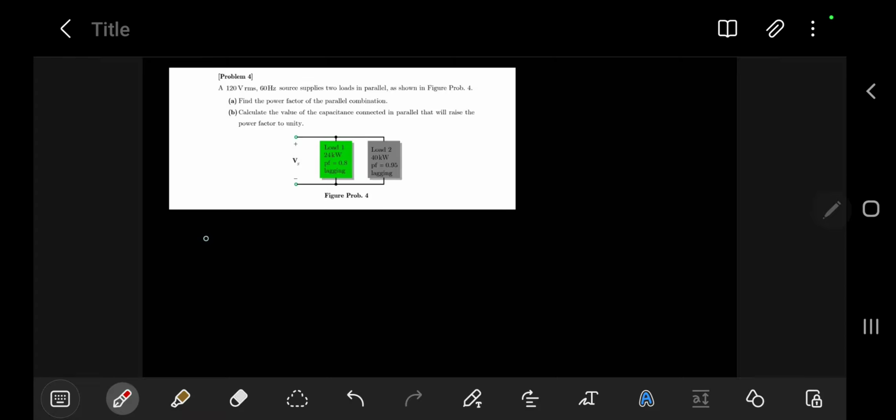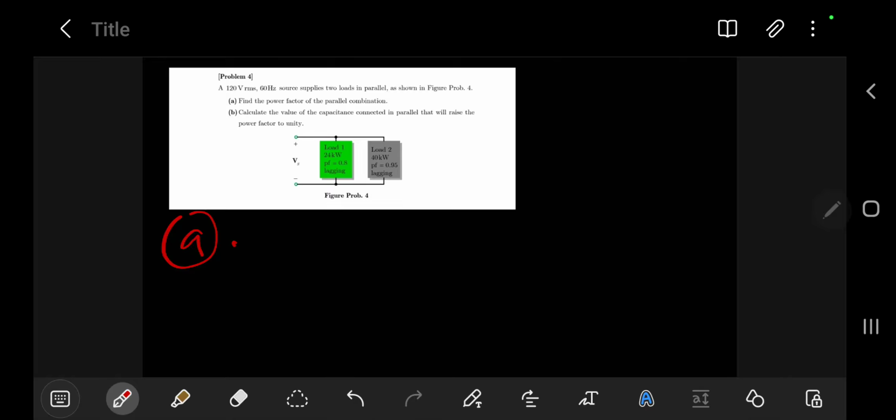So let's quickly go into solving the question. For A, to determine the power factor of the parallel combination, we use the law of conservation of AC power, which says that the total complex power will be the sum of the individual loads.